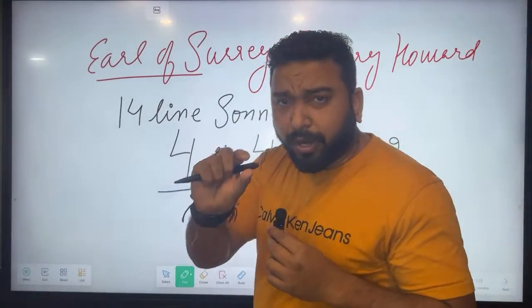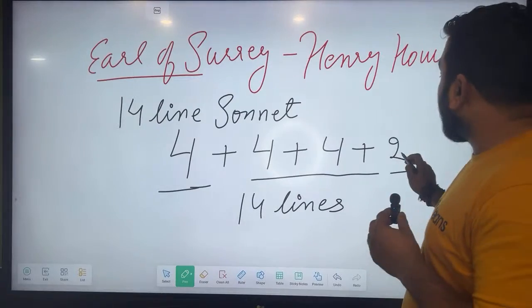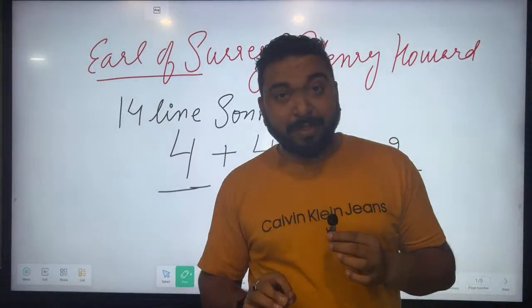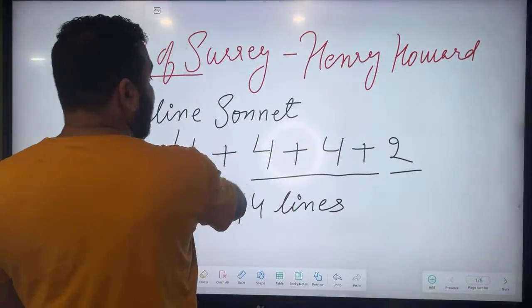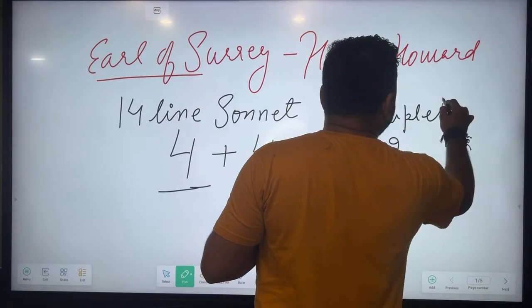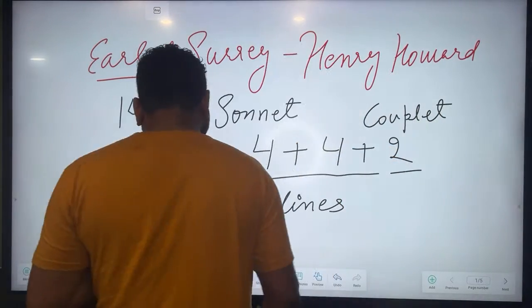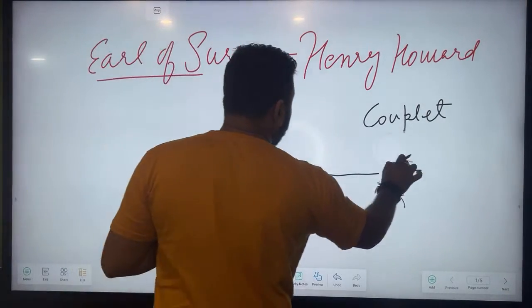A quatrain is a 4-line stanza. 4, 4, 4, 12 plus 2, a couplet, an ending couplet. So the idea was dividing sonnets in three quatrains and a couplet. A couplet is mostly the ending line. Now you have understood the change.